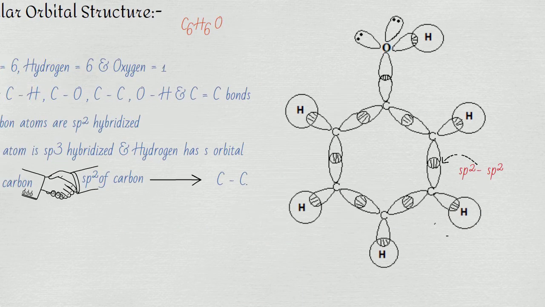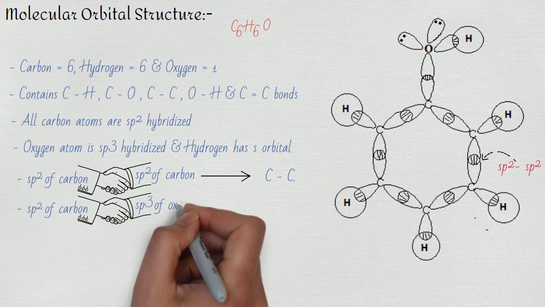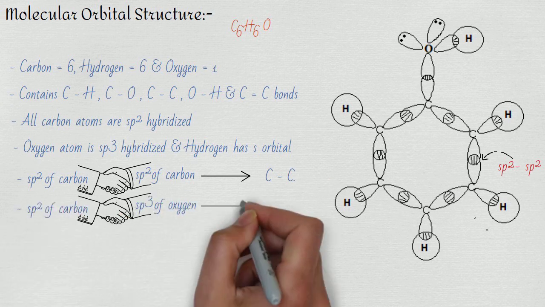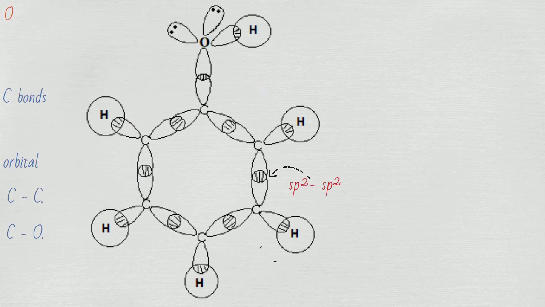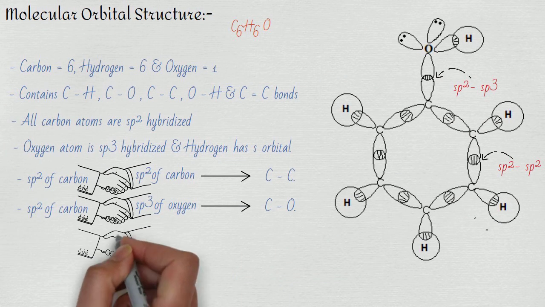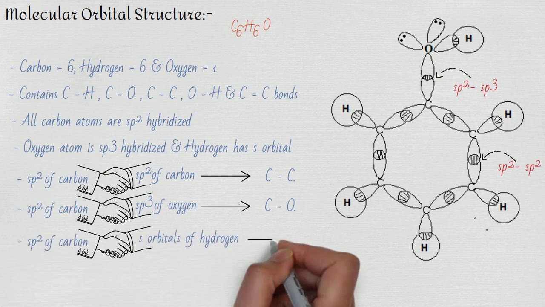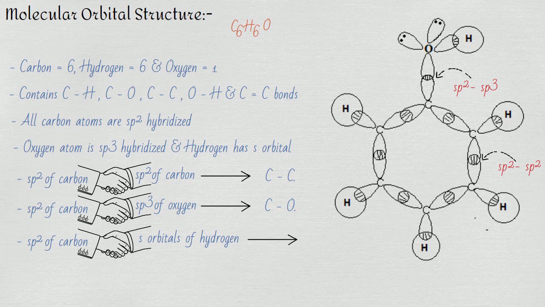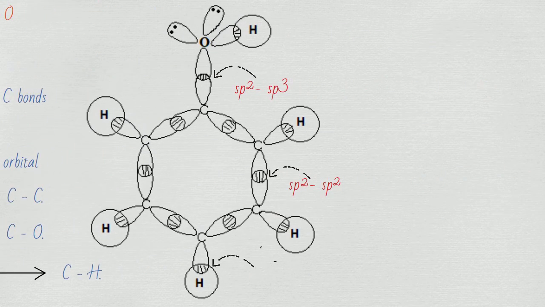Then, one sp2 hybrid orbital on one carbon atom overlaps with the sp3 hybrid orbital of the oxygen atom to form the carbon-oxygen sigma bond. Then, sp2 hybrid orbitals of the remaining carbon atoms overlap with s orbitals of hydrogen atoms to form carbon-hydrogen sigma bonds.